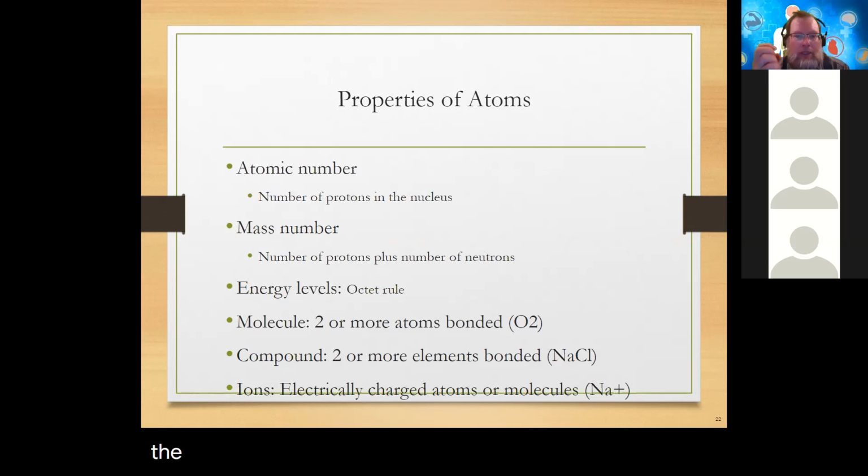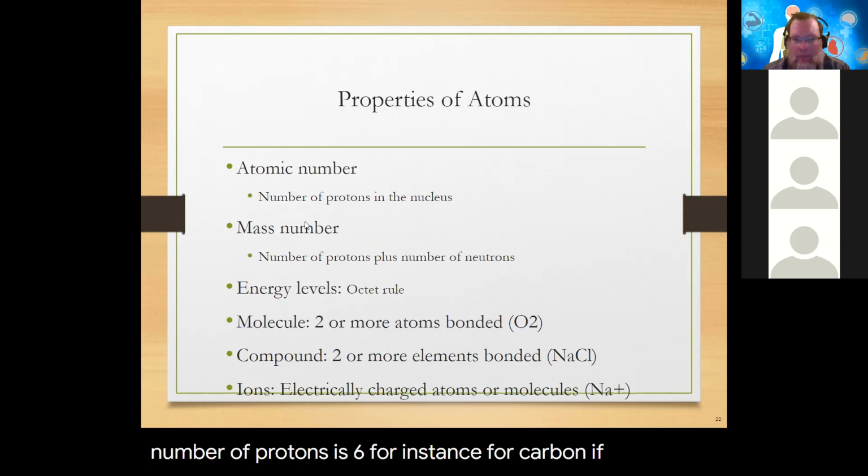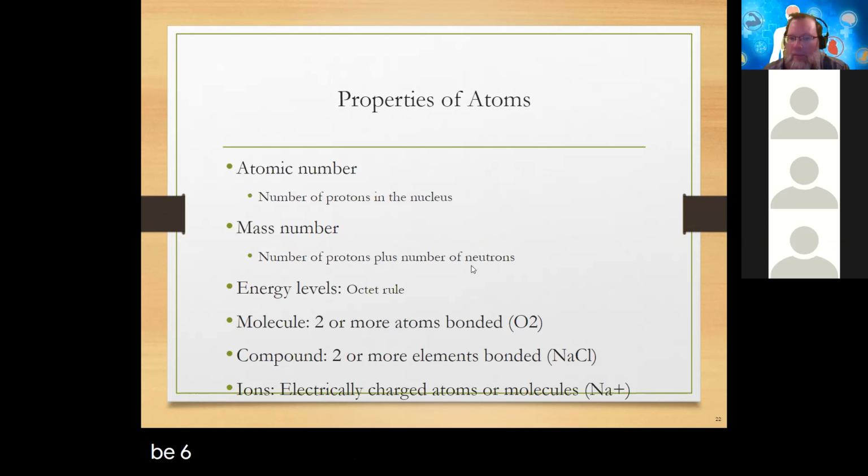So the nucleus is where the mass number comes from, which is where the protons and neutrons are located. We already know the number of protons is 6, for instance, for carbon. If the mass number is 12, then we could deduce that the number of neutrons is also 6. But if the mass number is 12.2, that means I don't have more protons. That's always going to be 6. That means the neutrons have gone up.